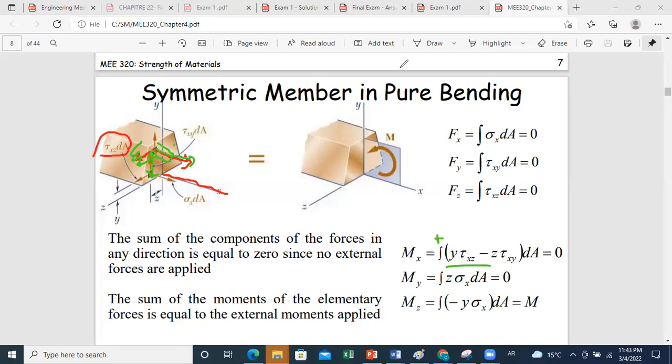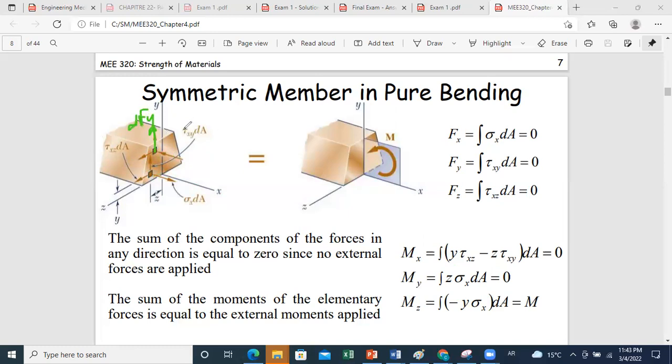And the other contributor to moment about x will be the forces along y, resulting from shear stress developed along y. So if this is an elementary force along y, it's equal to tau xy dA.